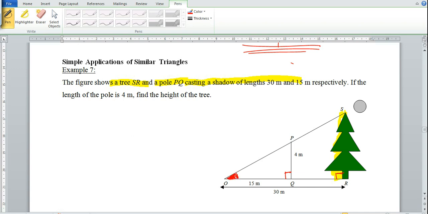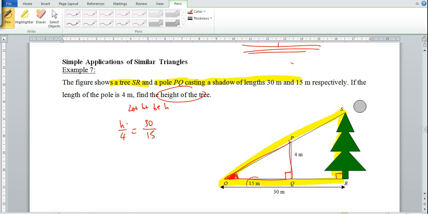So actually this is a similar triangle OPQ, and I have another similar triangle SOR. Based on this, I'm going to form my ratio. What I need is the height. If I let the height be h, then h over 4, which are the corresponding sides, is equal to, big over small, so I have big 30 over 50.